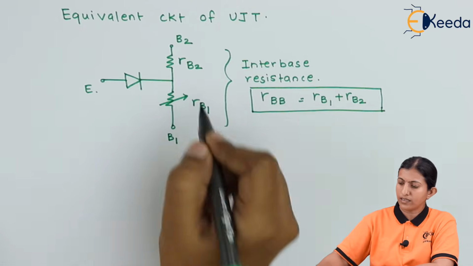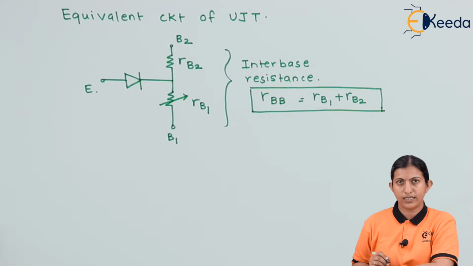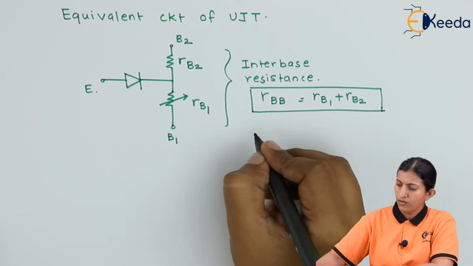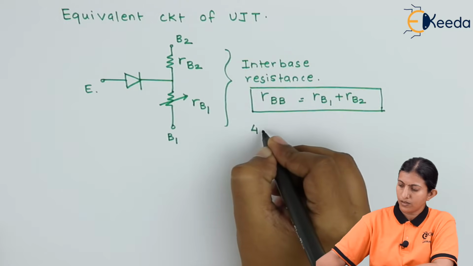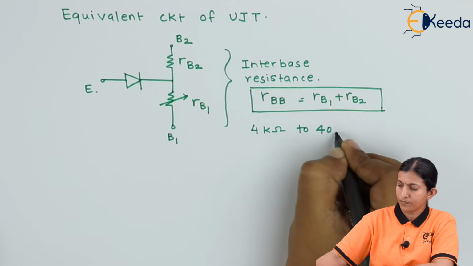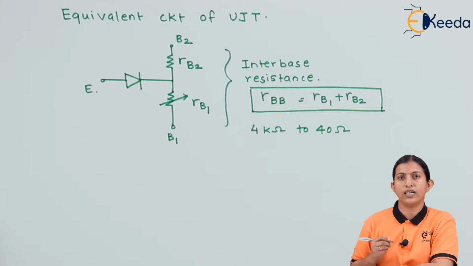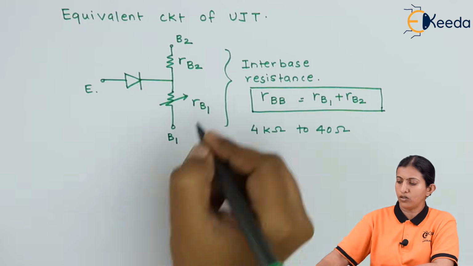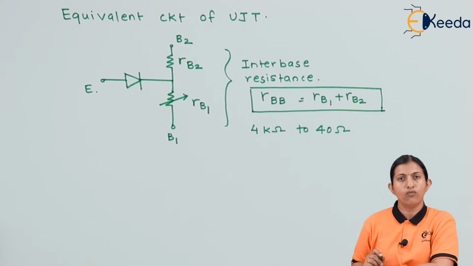So its value can vary from 4 kilo ohm to 40 ohms. The minimum value, when the conductivity is very high, across RB1 is 40 ohms, and the maximum value, when there is no supply voltage, across this RB1 is 4 kilo ohm.